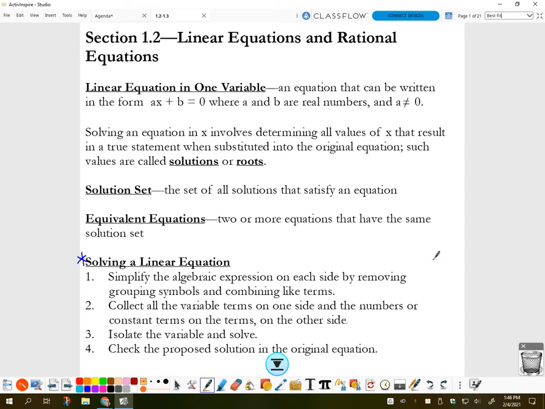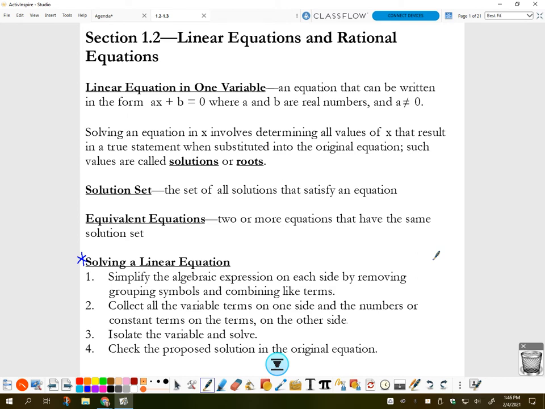So, section 1-2 is on linear equations and rational equations. Chapter 1 in general is solving equations, just about all types of equations that you've ever solved before are going to be in this chapter.